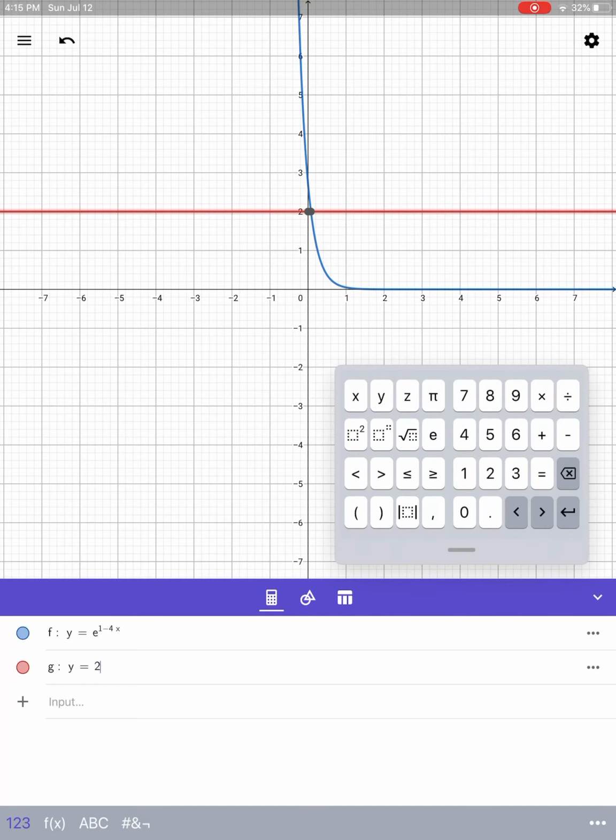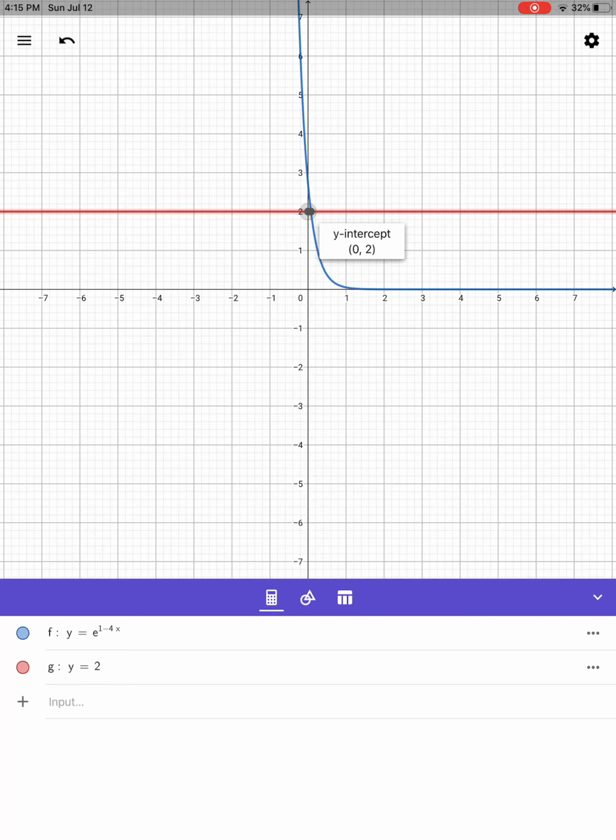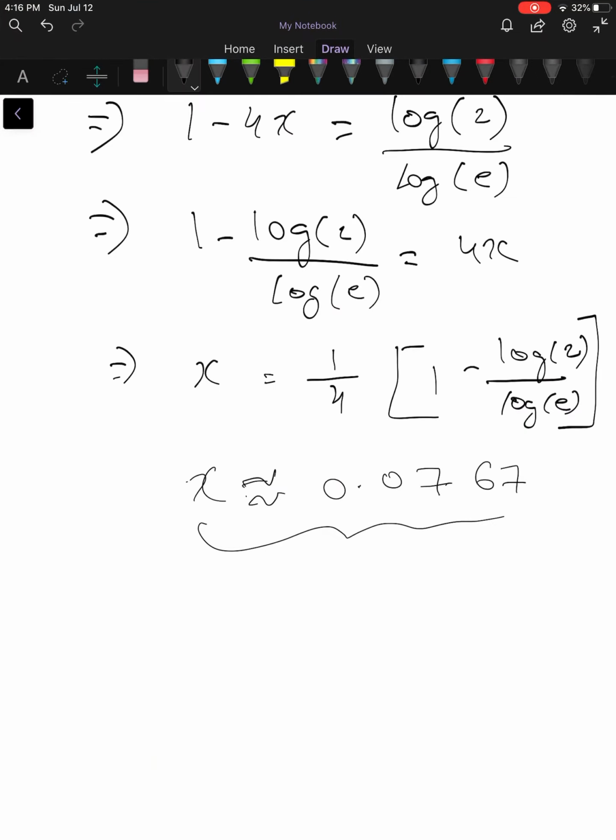Okay, so this is the point where the 2 points are very close, the intersection point as well as the y-intercept. So I'm not able to show it to you touching the point exactly. It is very close to 0, you can see that, right? So our answer is also very close to 0, that is 0.0767. So we are right with that, and that's how you solve exponential equations graphically.